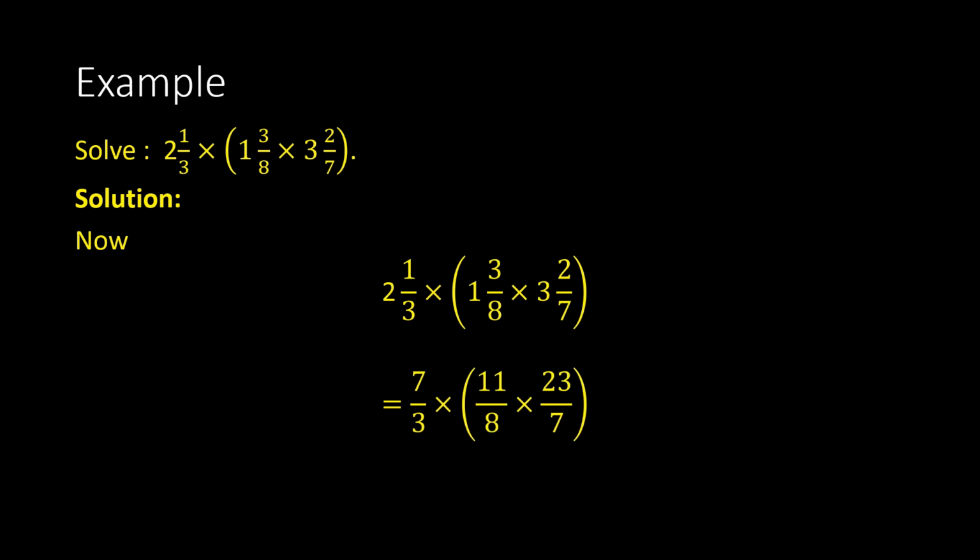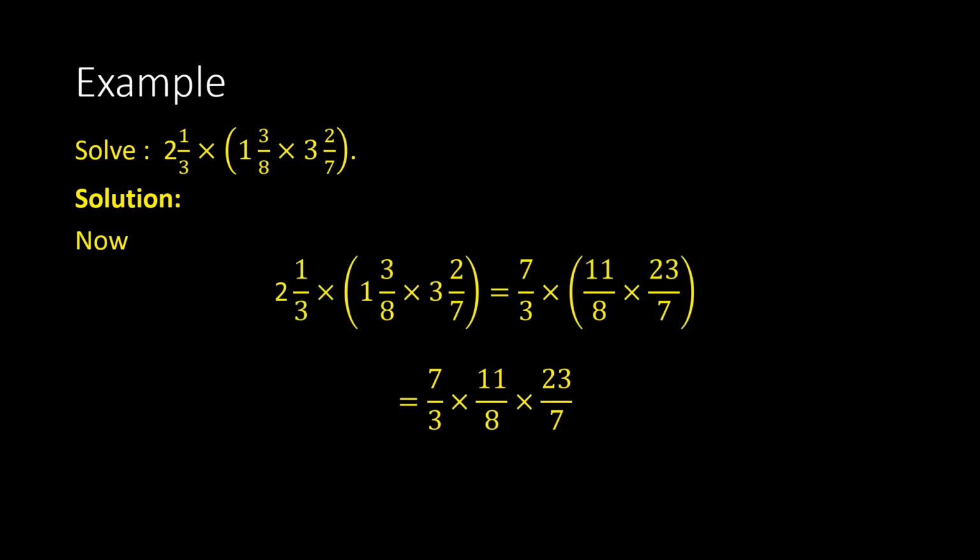Similarly, let's convert 3 and 2/7 to top-heavy or improper fractions. 3 wholes are represented by 21 over 7, and the 2/7 is of course just 2/7. Add these together to give 23 over 7.